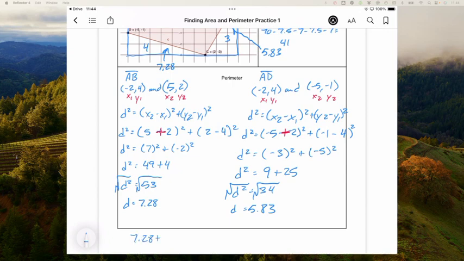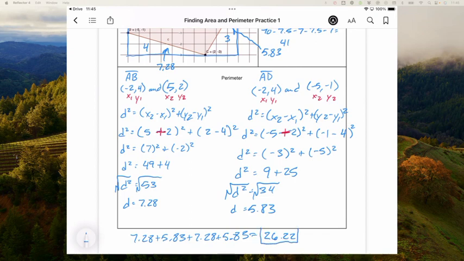7.28 plus 5.83 plus 7.28 plus 5.83. That gives me 26.22.